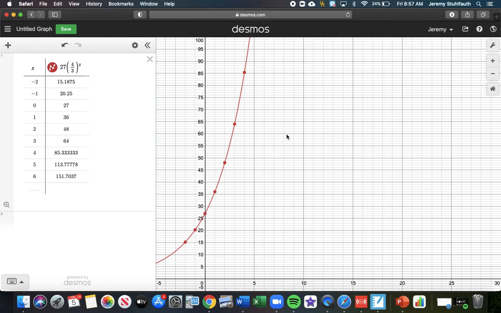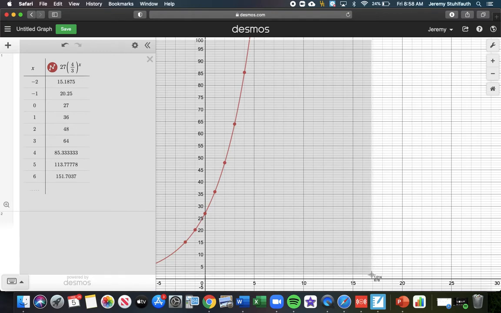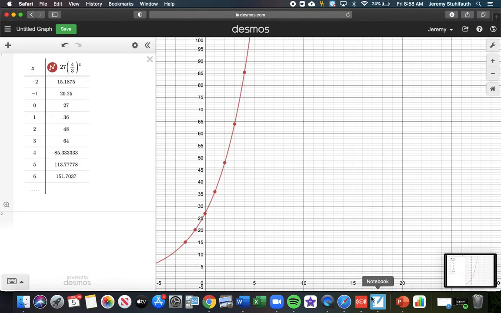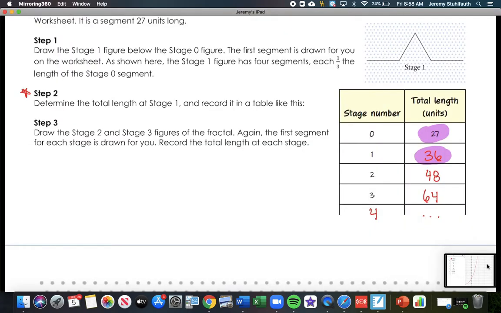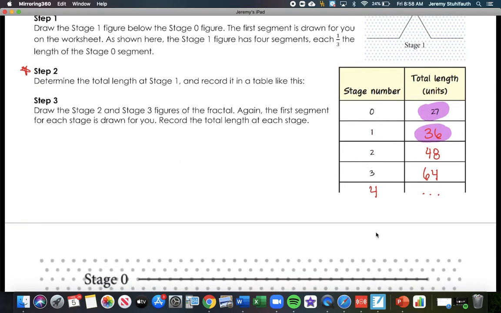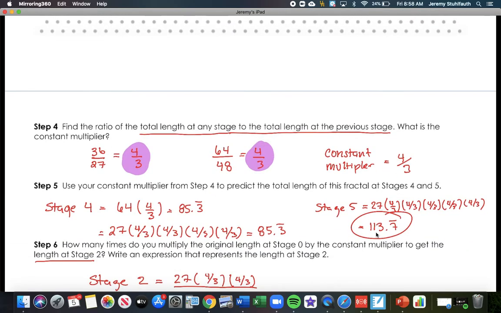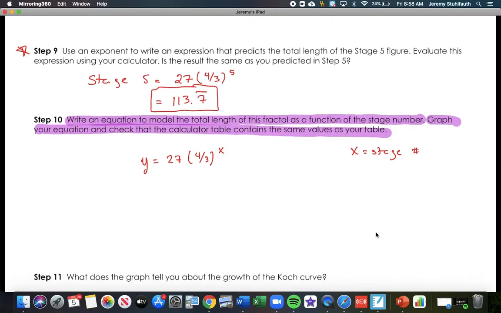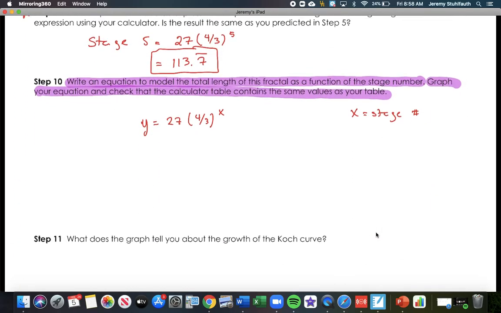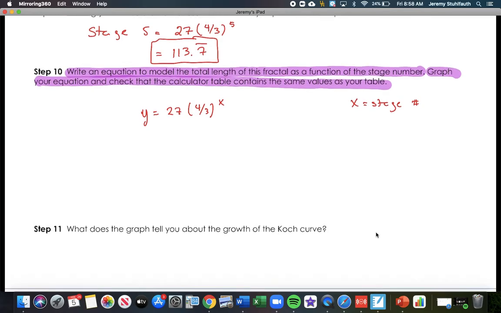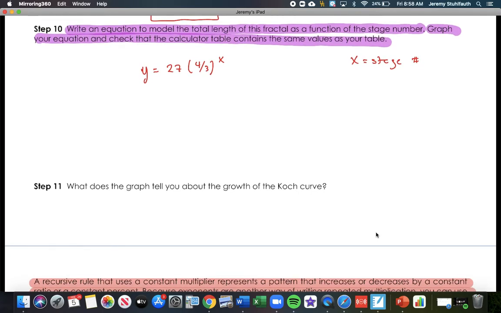Now I'm going to screenshot this and toss it into our notes. I might not be able to, because this is on my iPad. But we have that graph there, and we were able to see that the table does contain the same values as what we found in our investigation.